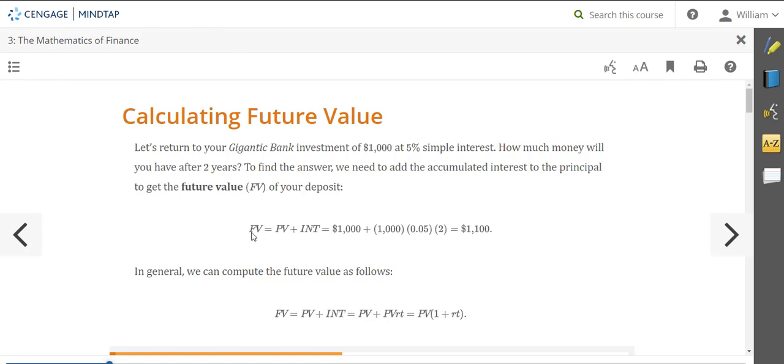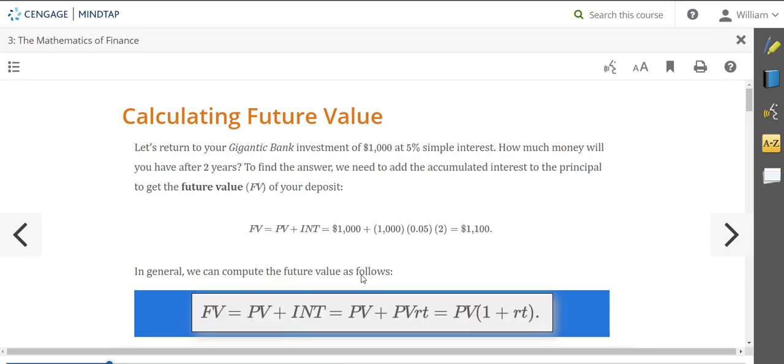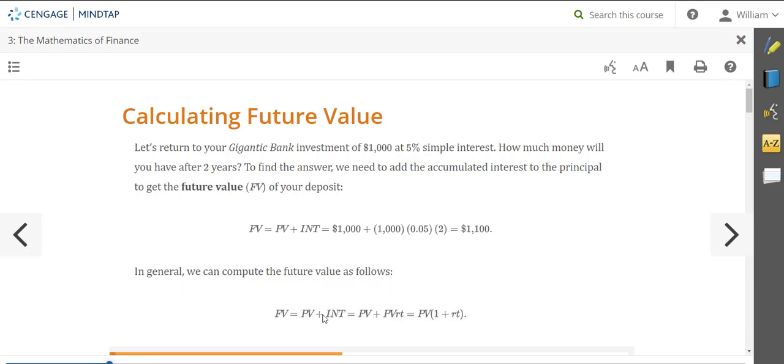So the calculation for the future value is the present value plus the interest that we get. So we can write that here. And we have PV plus the interest, but we can rewrite how we determine the interest, which was PVRT. This was for the annual interest expression.